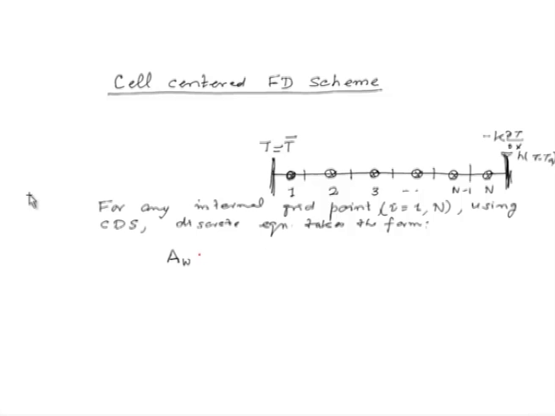AW T(i-1) + AP T(i) + AE T(i+1) = Q(i). We could write T(i) as TP, but for the time being we prefer using the i index.